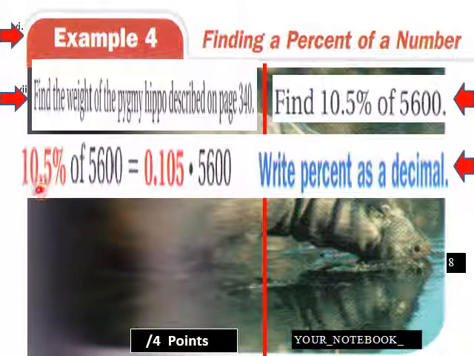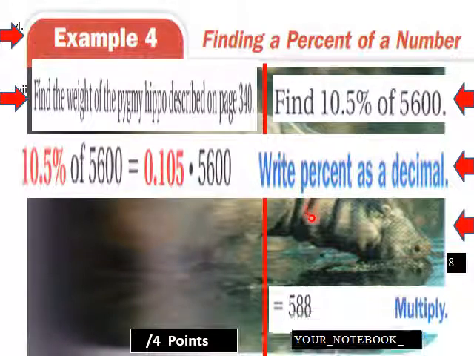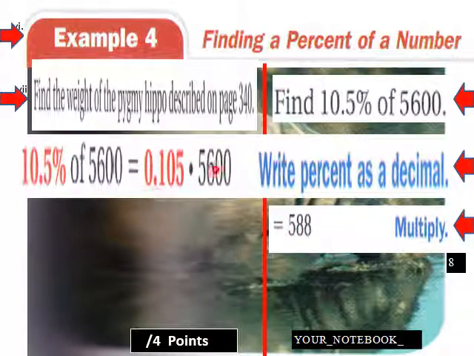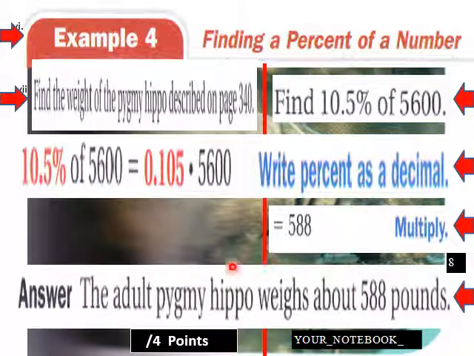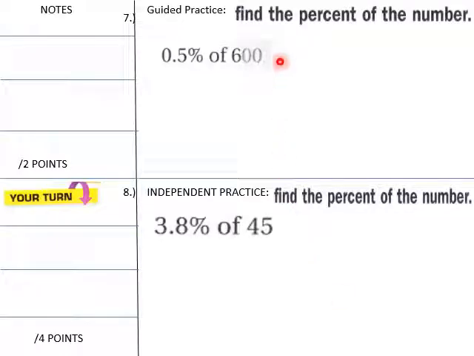We need to move our decimal to the left 2 places, 0.105 times 5,600, right? Percent as a decimal. And then when you multiply this out, we come up with 588 pounds would be 10.5% of 5,600. So the adult pygmy hippo weighs about 588 pounds.